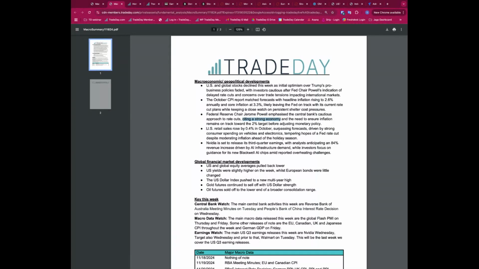And then on Friday, we get a strong retail sales number. So kind of counterintuitively, we're in this scenario now where good, positive data on the economy is seen as almost negative for stocks, because stocks want the rate cuts. Stocks want interest rates lower.